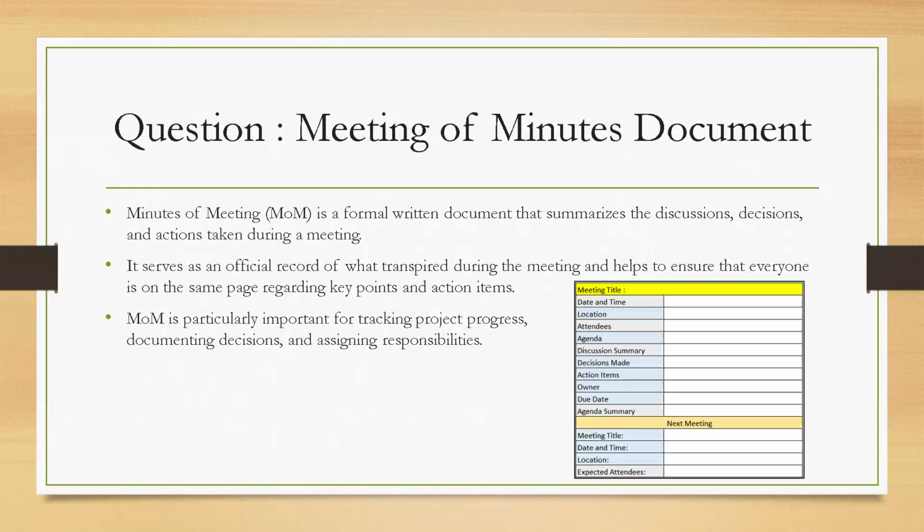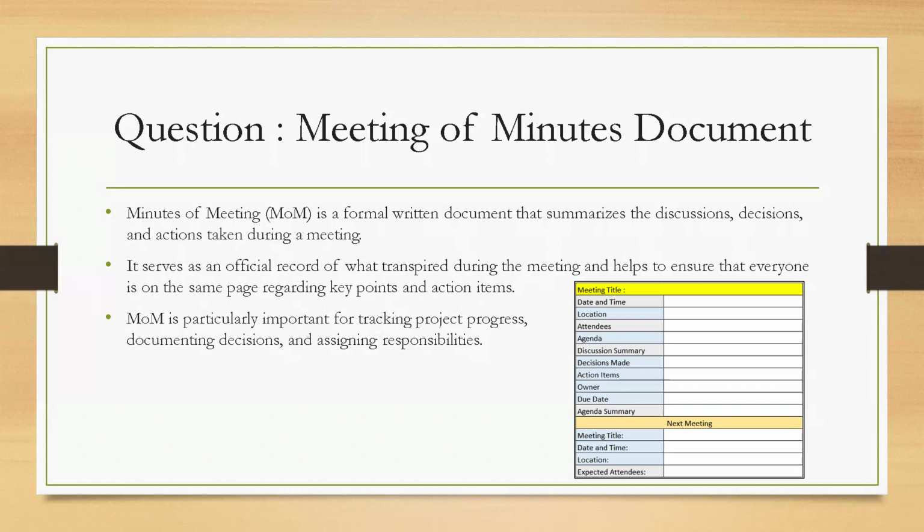Okay, and the next process is the minutes of meeting document. In short, we call it MOM. This document will be prepared after any meeting is done. In that meeting, whatever discussions we made, what tasks were assigned, and what the agenda was.